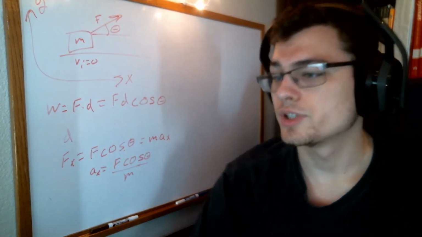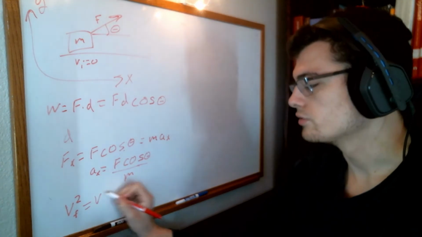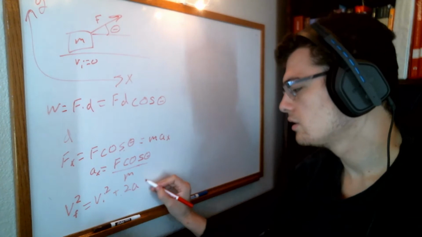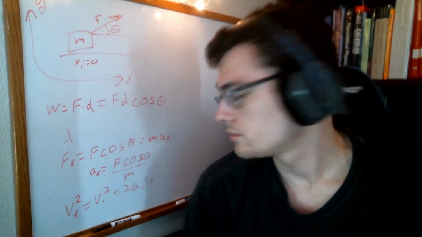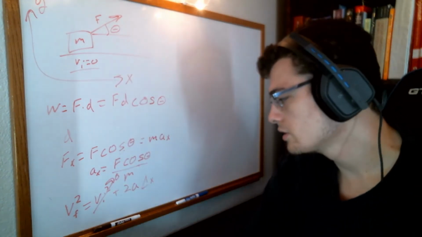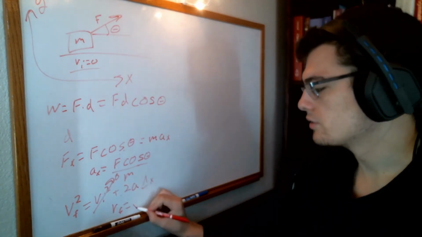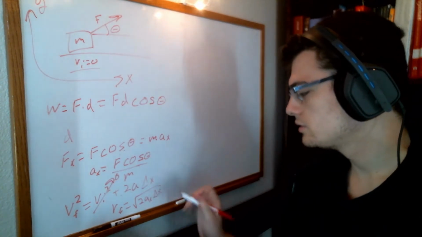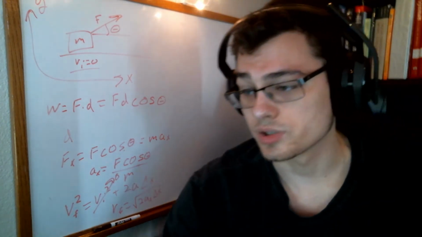And so then we just have to use our equation Vf squared equals Vi squared plus 2a delta x. In this case, Vi is going to be 0 because we defined our initial velocity that way. And then we just get that Vf is going to be equal to the square root of 2 ax delta x, because we just have to plug in that this is the x component of the acceleration.